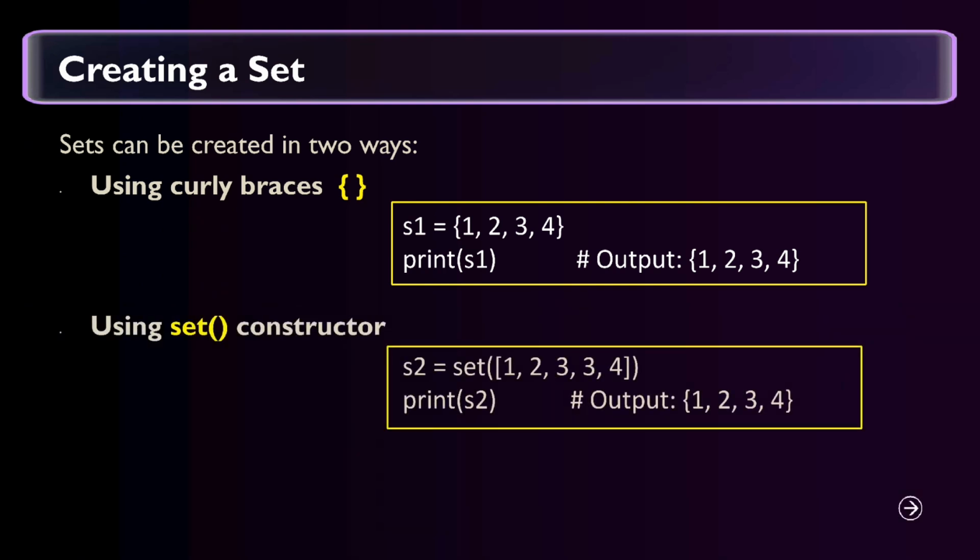The second way is by using the set constructor. In this example, S2 is created using the set constructor with a list that includes a repeated element: 1, 2, 3, 3 and 4. When we print S2, the output will be 1, 2, 3 and 4. This shows that sets automatically remove duplicate values and only keep unique elements.